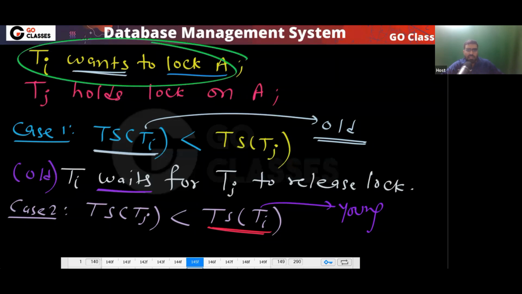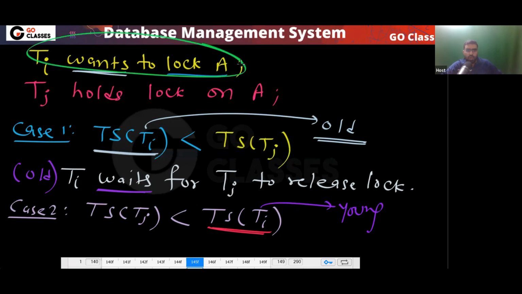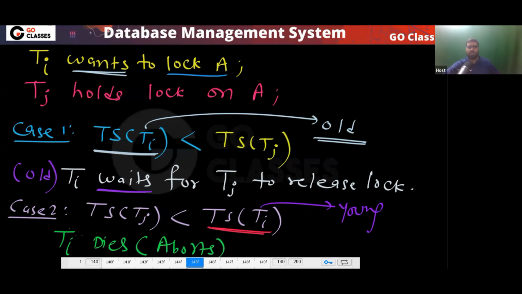Ti wants to lock A, Tj already has it, but Ti is younger. Then in this situation, Ti aborts. Ti dies, which means it aborts. Very simple.